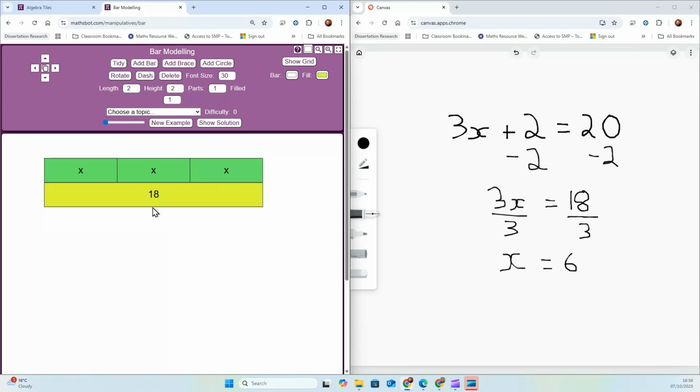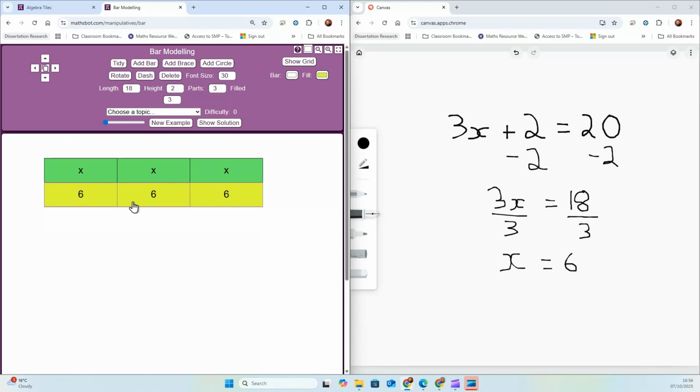So that shows the 3x must be equal to 18. And then, of course, because this is 3 x's making 18, I can split this 18 into 3 parts. Each part is 18 divided by 3, so each part is no longer 18, each part is 6, and we can see the equality there between x and 6.